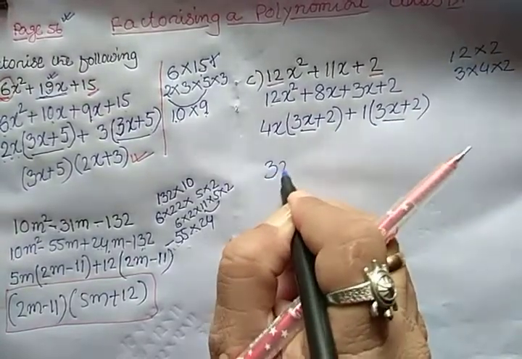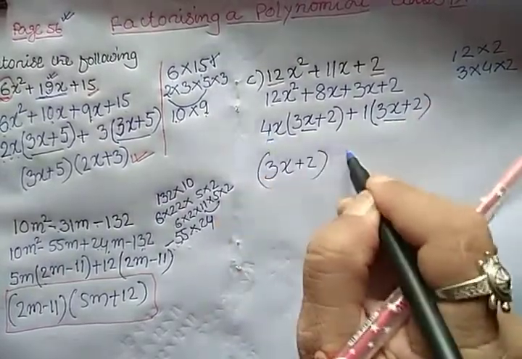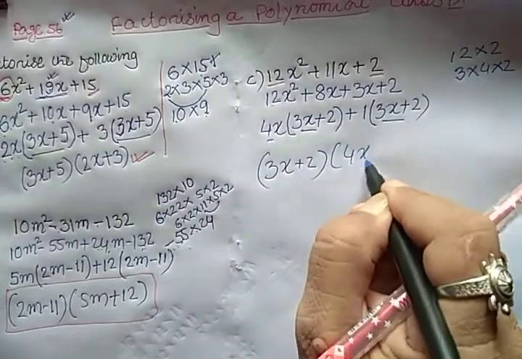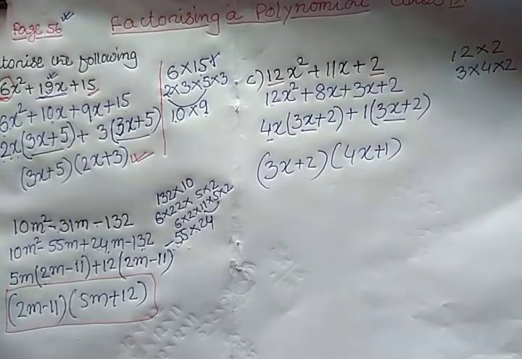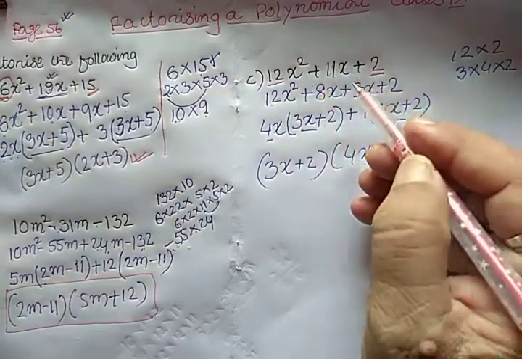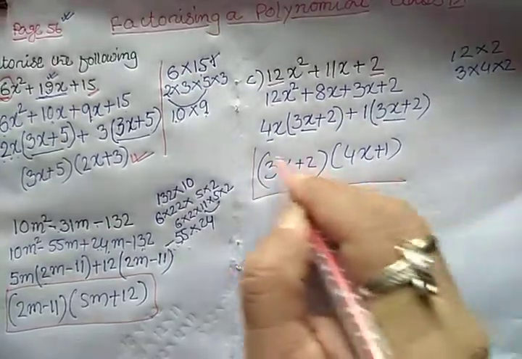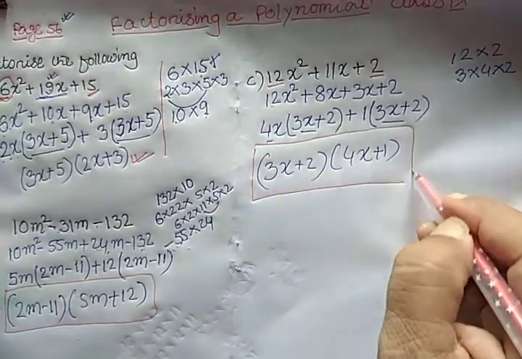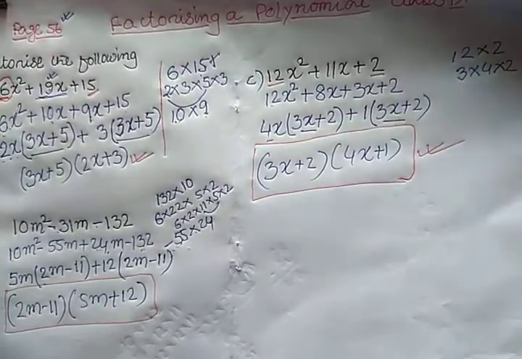If you take 3x plus 2 common, then here you get 4x, here you get plus 1. So the factors of 12x square plus 11x plus 2 are 3x plus 2 and 4x plus 1. I think you understood.